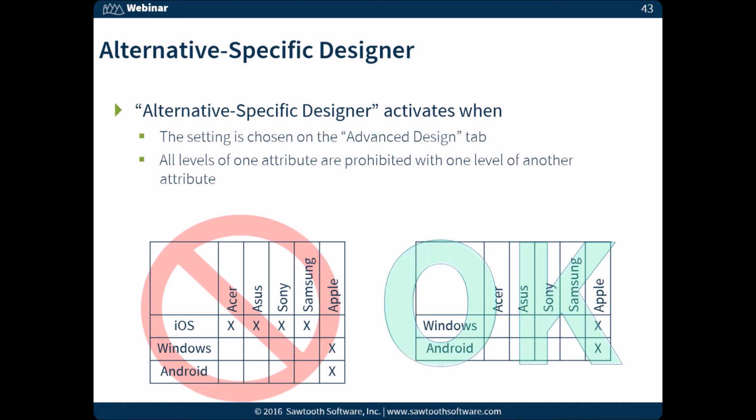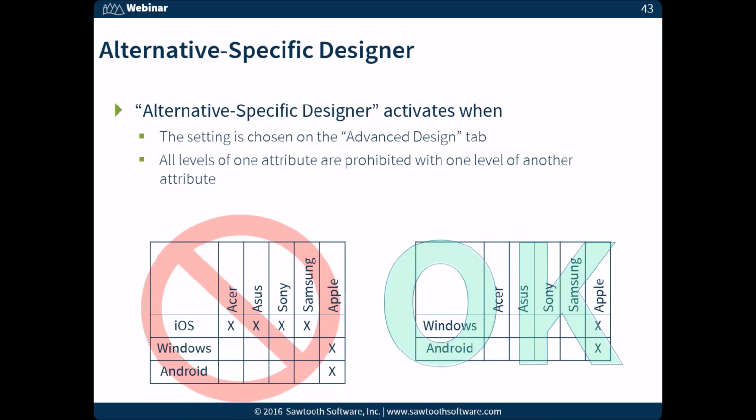So the alternative specific designer is activated when we choose it on the design tab, and all the levels of one attribute are prohibited with one level of another. So in this example, on the left-hand side is the bad way to put together a choice-based conjoint, where we have our different systems, iOS, Windows, Android, and our different brands across the columns. And you can see Apple can only ever appear with iOS, and that's really going to hurt our design.